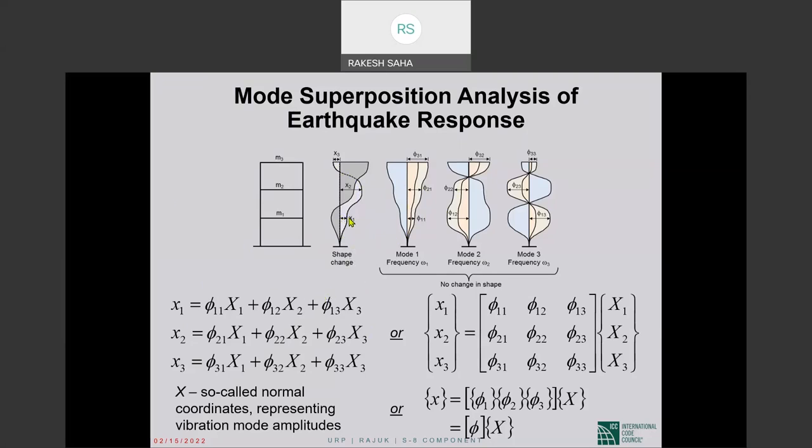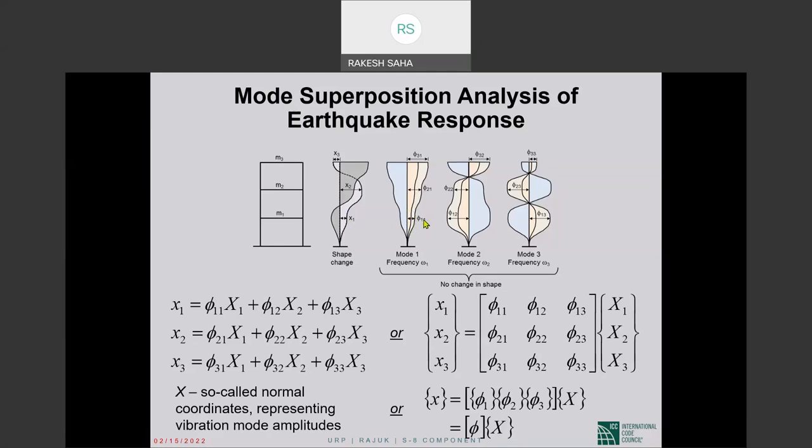So the displacement here, x1 at level 1, is the phi11, which is from the position of rest to the extreme curve.